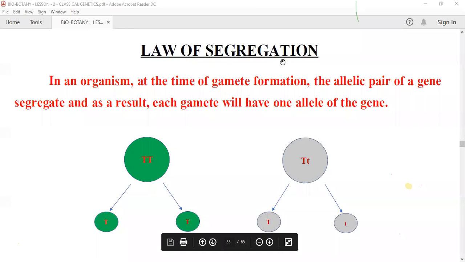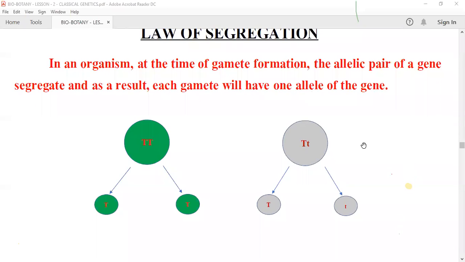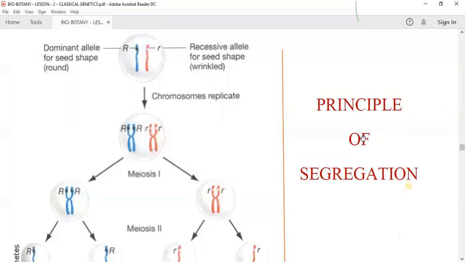So that is called the law of segregation. In an organism at the time of gamete formation, the allelic pair of a gene segregate and as a result, each gamete will have one allele of a gene. Okay. And the next is the principles of segregation.